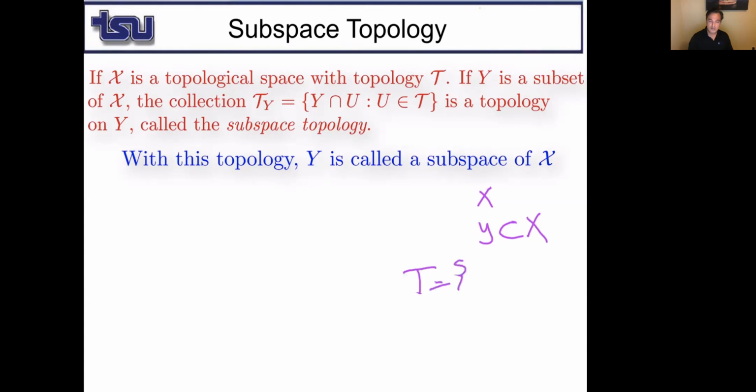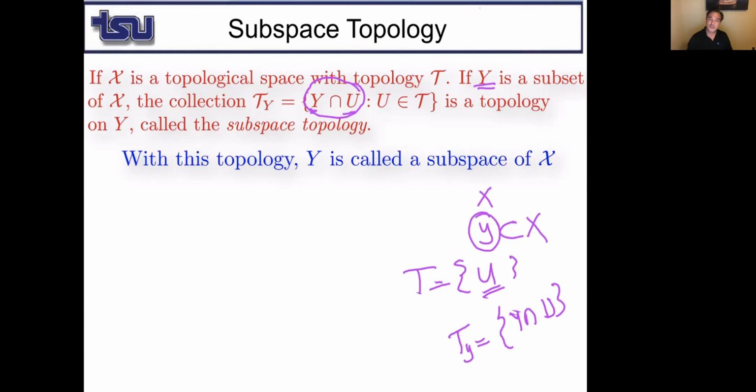T includes all open sets, because the elements of T are called the open sets of X. If I define a new topology for Y that consists of Y intersection with all open sets of the original topology, then I know for sure that Y intersection U is a subset of Y.